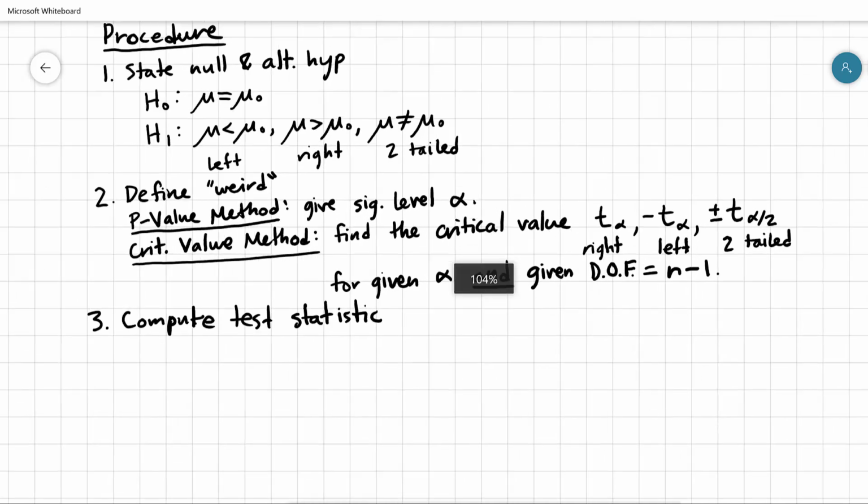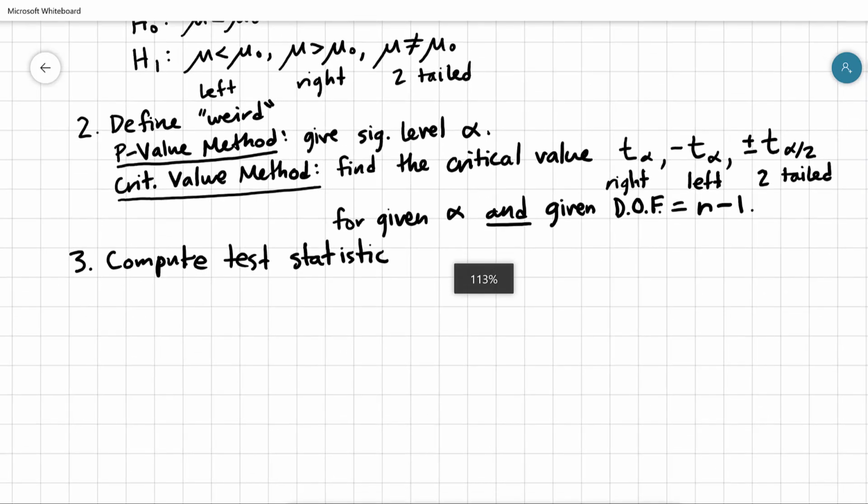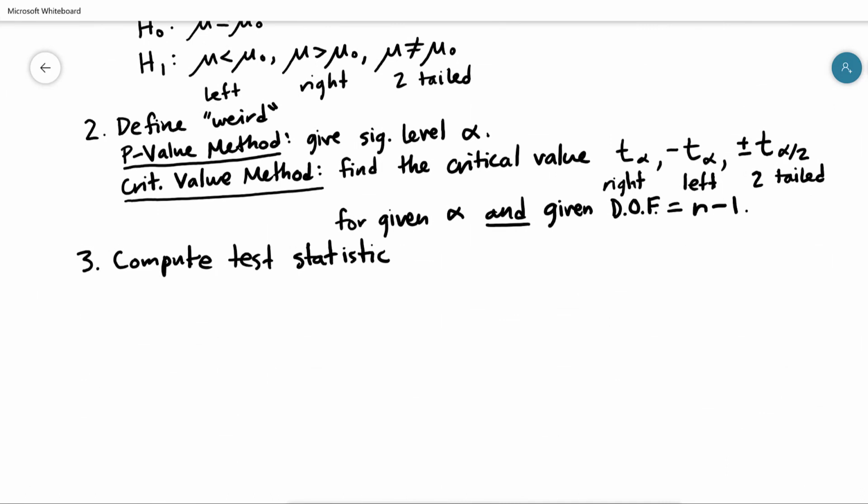And the test statistic is going to be the one thing that's different in all of these different hypothesis tests that we're going to do. After we finish this section, we're going to do hypothesis tests for a population proportion, and then in Chapter 11 we'll be dealing with even more hypothesis tests. And this is really the main step where the procedure differs. All of them are going to follow the same 6-step procedure that I'm going to outline here.